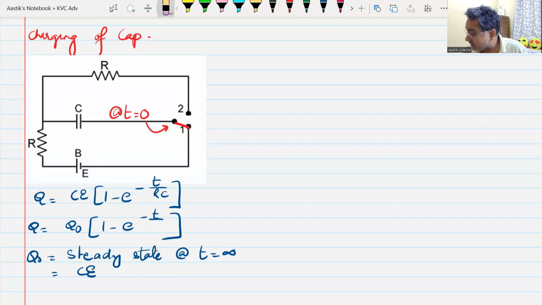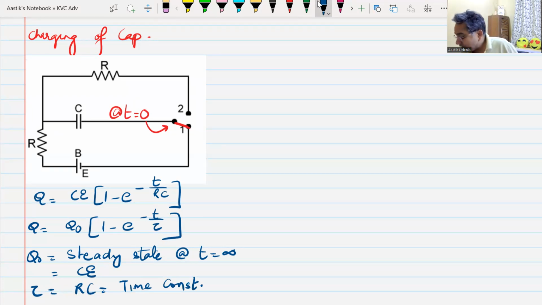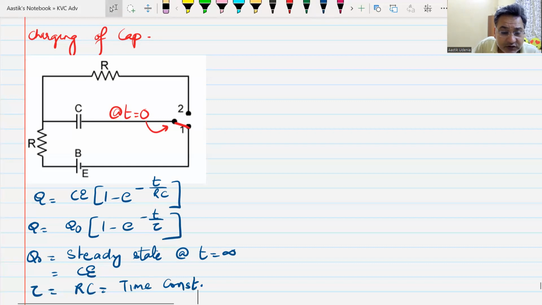Instead of this RC, I can write tau. This tau is equal to RC, and this is known as the time constant of the circuit. This is how the charge on the capacitor varies as a function of time.